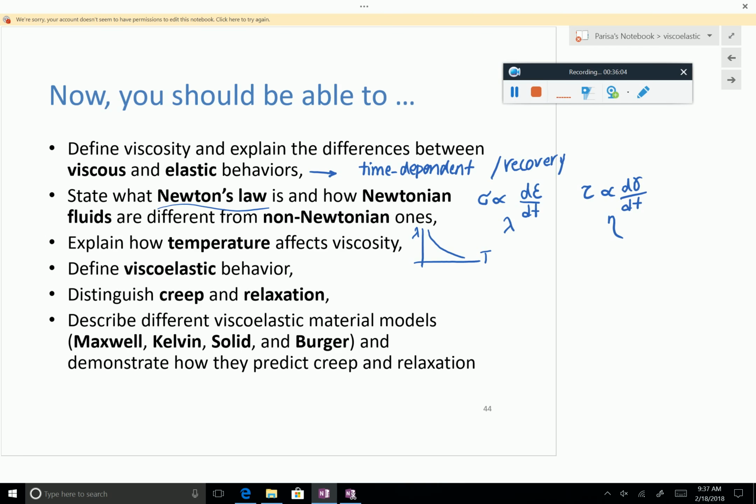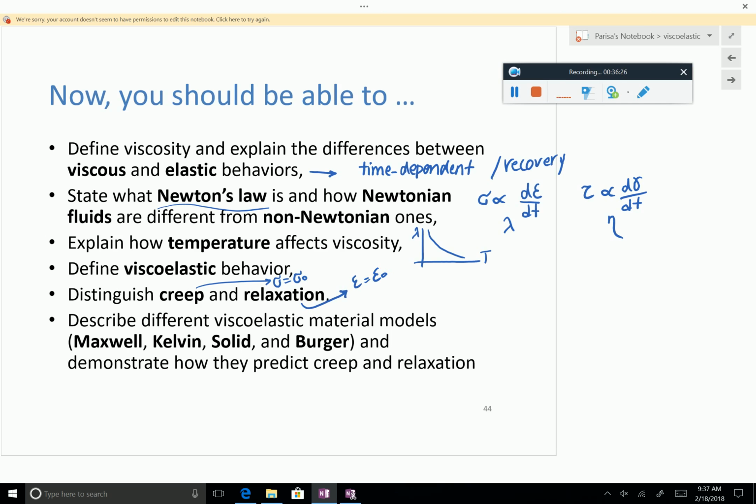And we learned that if we keep the stress constant, the strain is going to increase over time. This we call creep. If we keep the strain constant, the material is going to relax itself, so you're going to have decreasing stress over time.